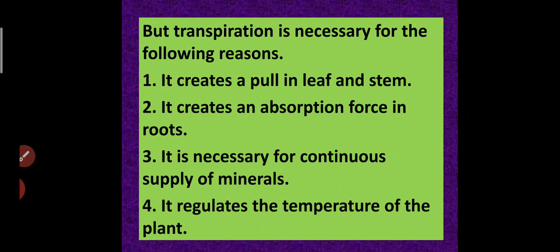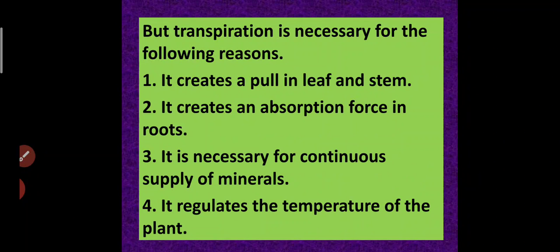Because of that, some water will be evaporated, and some has to be taken in. So if the aerial parts of the plant evaporate water, then the root has to absorb. So absorption force is created in the root. It is necessary for continuous supply of minerals. So it is a must that transpiration takes place for the continuous supply of minerals in plants.